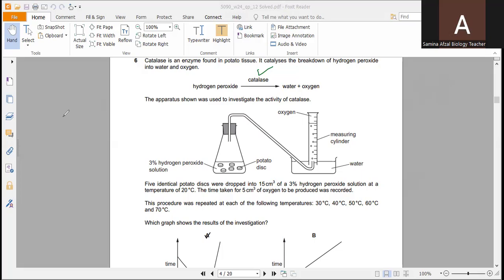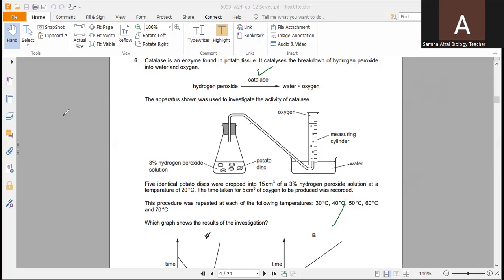The flask contains 3% hydrogen peroxide solution and potato discs, and the delivery tube runs from this conical flask to the water. So 5 identical potato discs were dropped into 15 cubic centimeters of a 3% hydrogen peroxide solution at a temperature of 20 degrees centigrade.